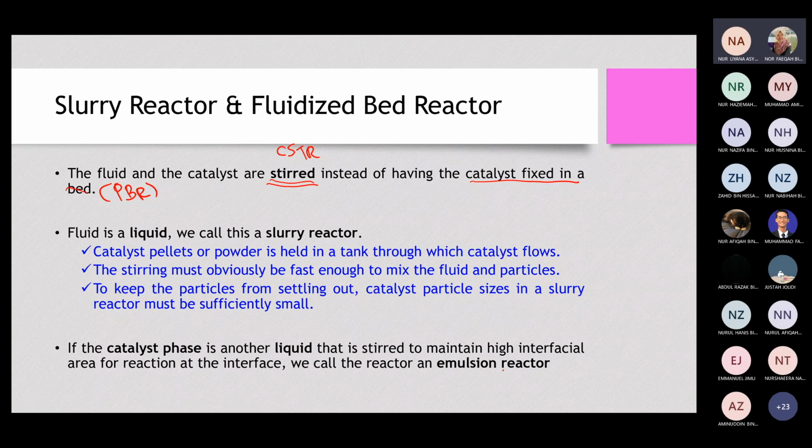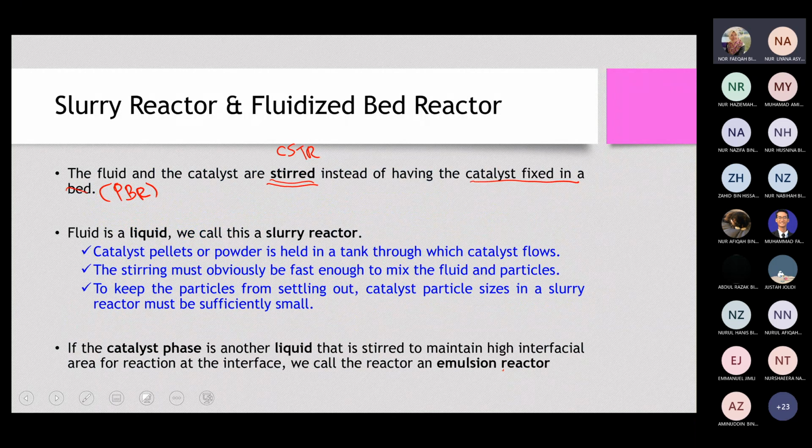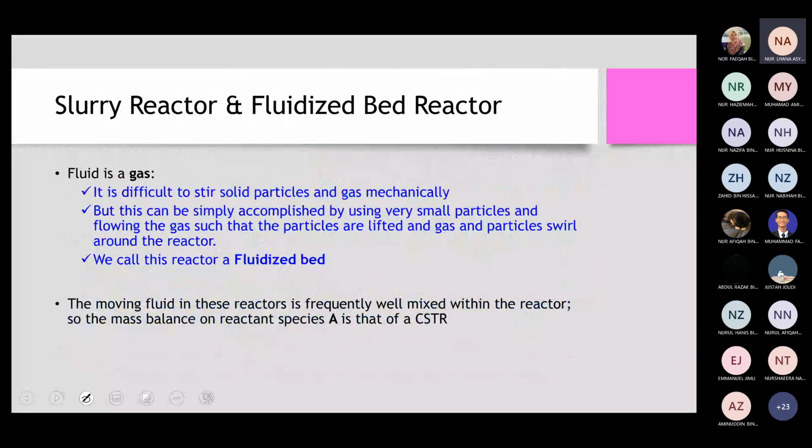Later we will see how it looks like. Remember, if the fluid is in liquid phase, we use a slurry reactor. If the fluid is in gas phase, we use a fluidized bed reactor.